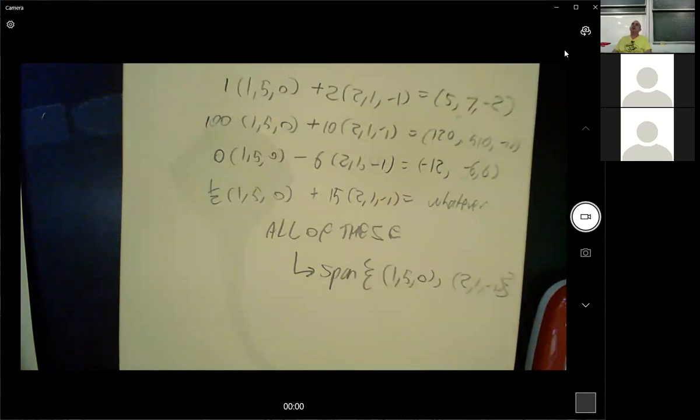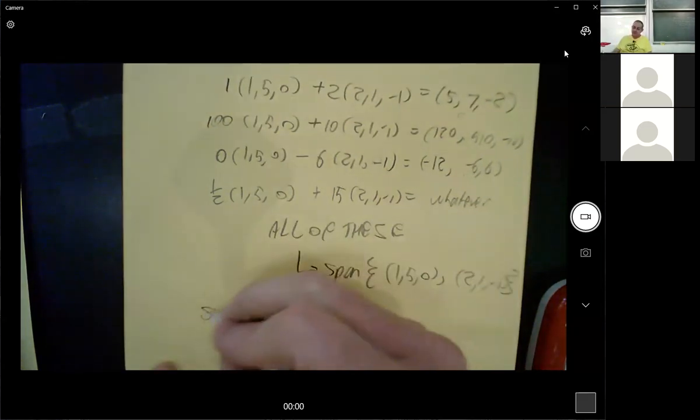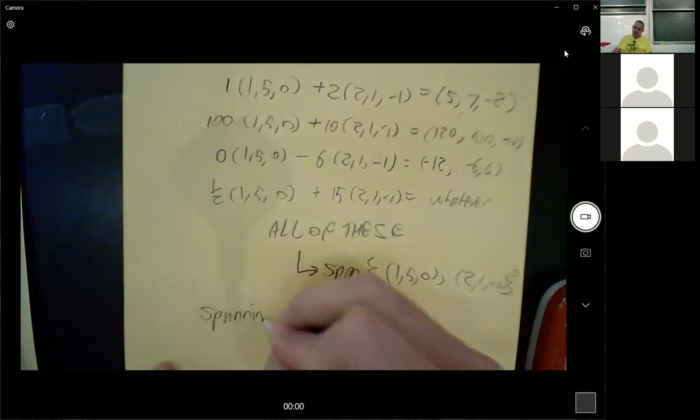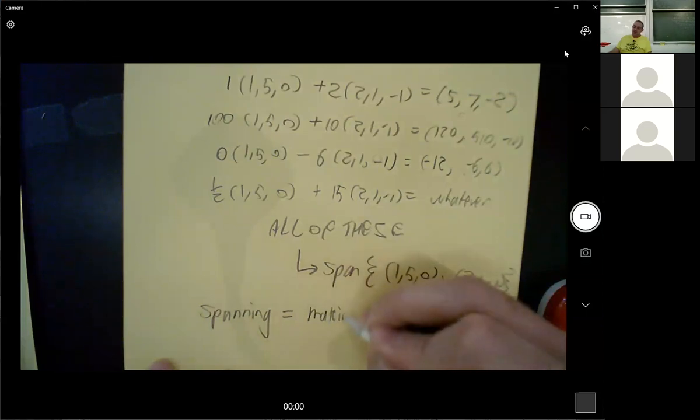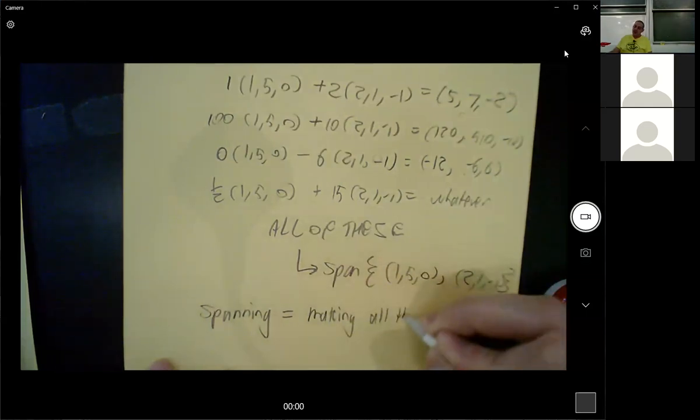That's what span means. The action of spanning is making all the linear combinations.